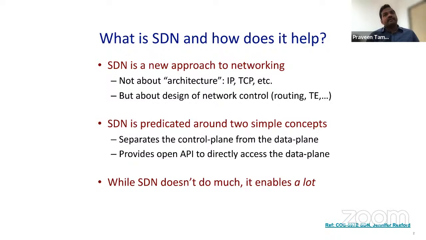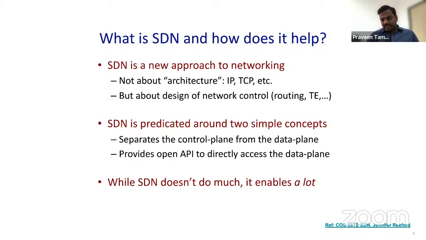It does so using two simple concepts: one is a clear separation, or decoupling, of the control plane and data plane, and the other is a standard or open API to directly interact with the data plane.